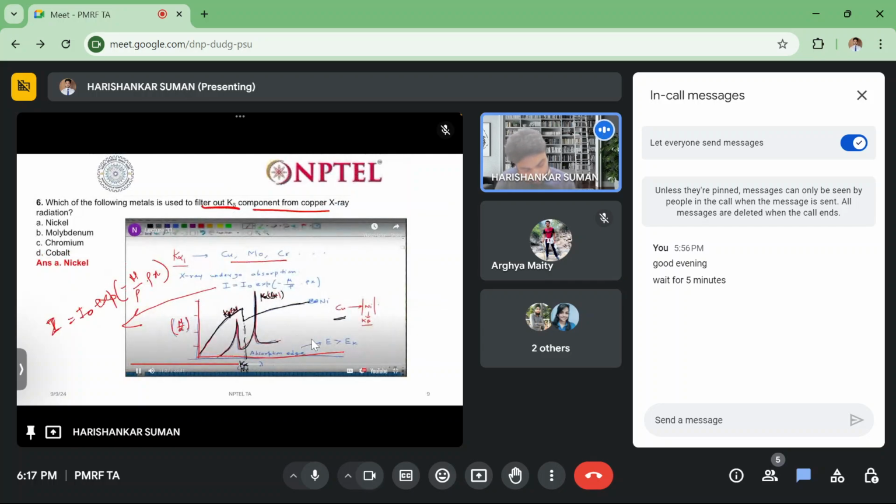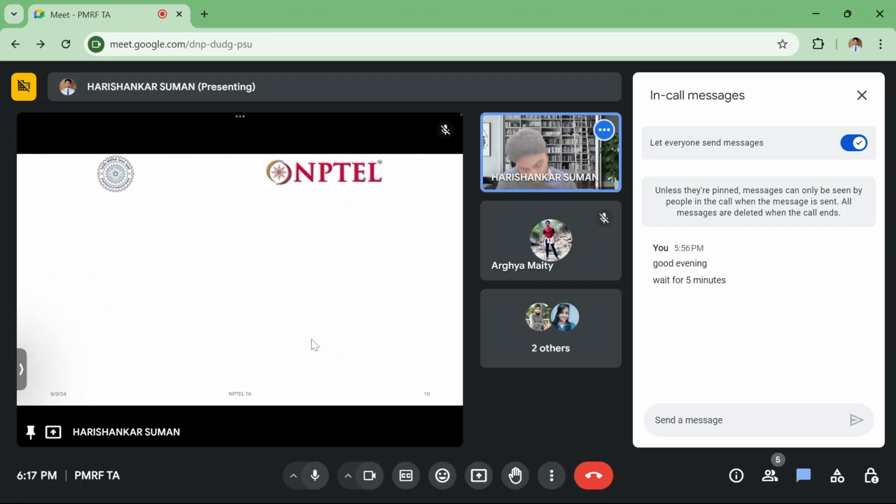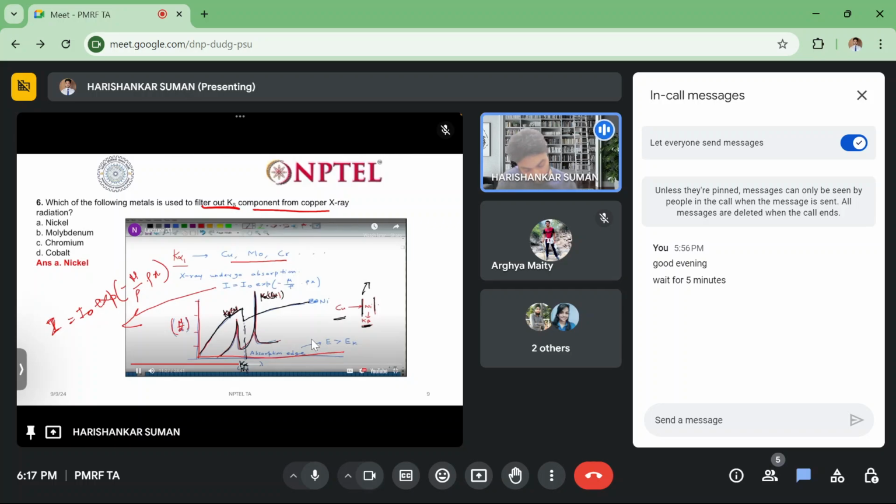If we use a copper source for copper K alpha and K beta, we need a filter of nickel to absorb the copper K beta and filter out that component from the X-ray radiation.